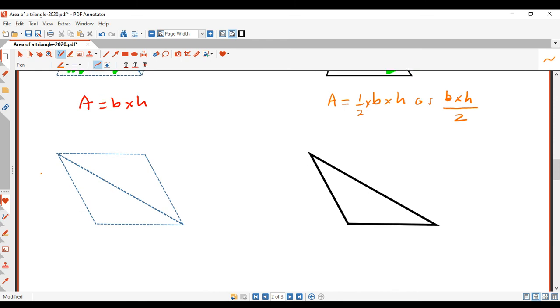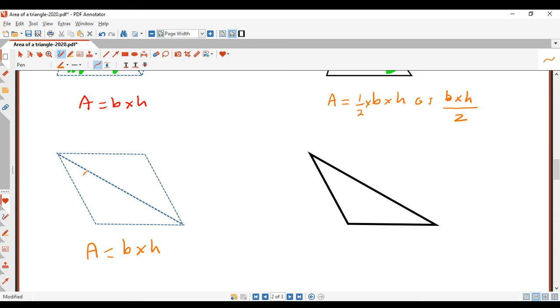Let's look at this one. Okay, so we've got an obtuse angle triangle here. So one of these is duplicated to form this parallelogram. So this parallelogram is made of two of these individual triangles. Okay, and we know that the area of the parallelogram is base times height.